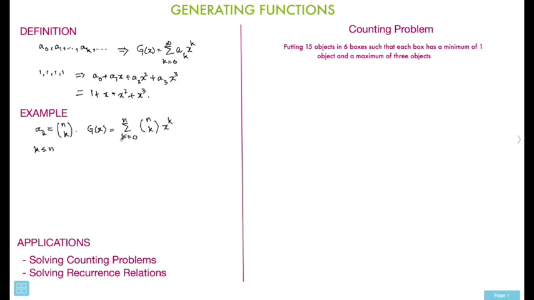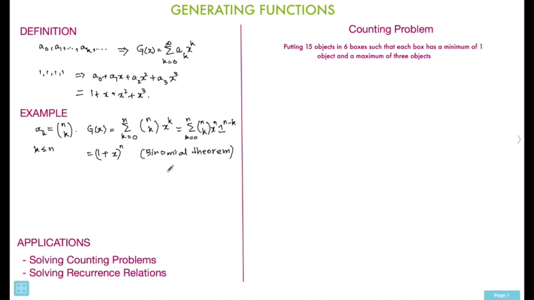So here I can say this is equal to the sum from k equals 0 to n of n choose k, x to the k, 1 to the power of n minus k. So this is equal to 1 plus x to the n because of the binomial theorem.